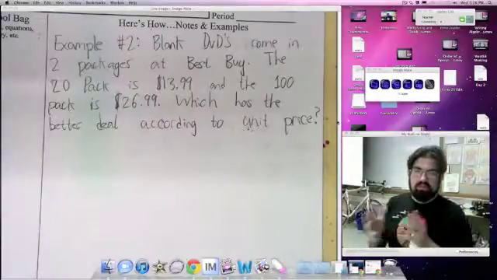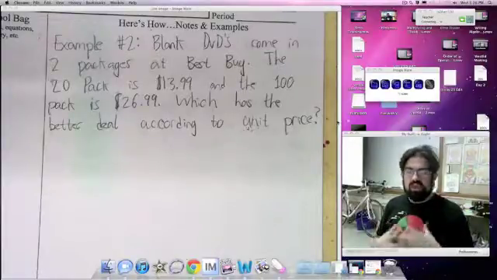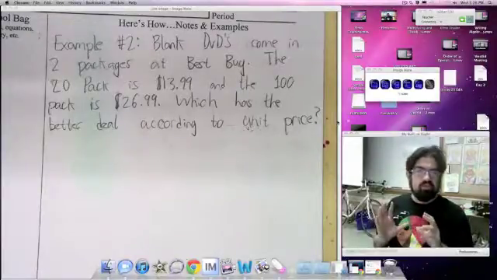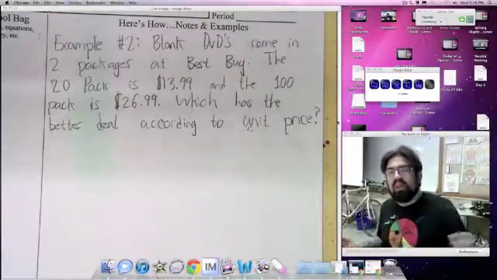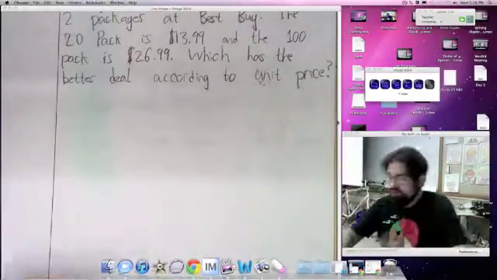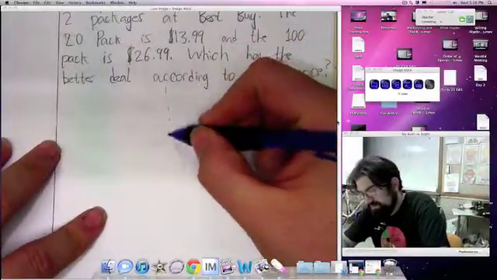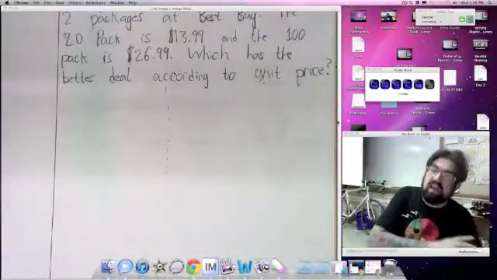There are some other ways of doing it. I'm going to show another way in a minute, but I'm going to do it with the unit price first. Unit price works like this. I'm going to do the first pack first, and you do it separately. You always do two parts to this. You do one package, then you do the other.